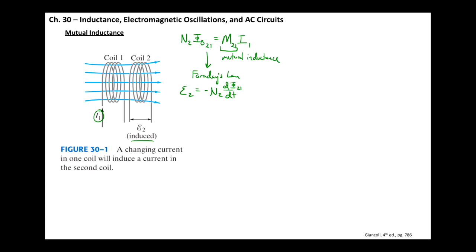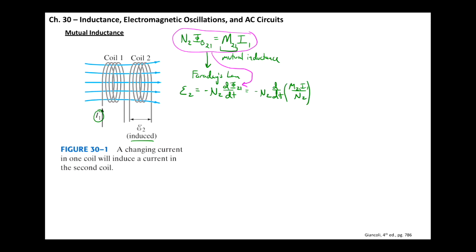And let's solve this thing for flux 2-1, and then we're going to plug it in there. Okay, so M21 I1 over N2. So at that point, we're going to have minus N2 times the derivative with respect to time of, let's see, M21 I1 over N2.